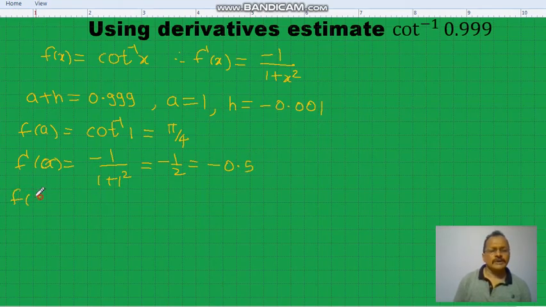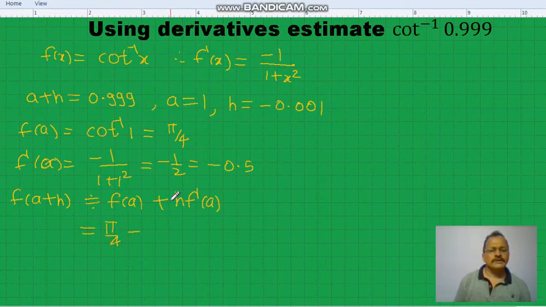Now the approximation formula, f(a plus h) approximately equal to f(a) plus h times f'(a), that is f(a) pi by 4, h minus 0.001, and f'(a) is minus 0.5.